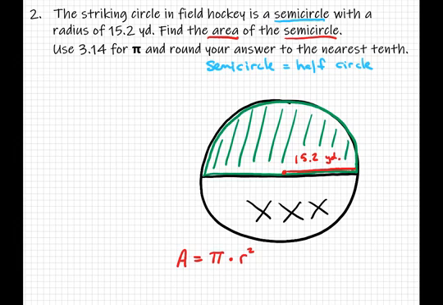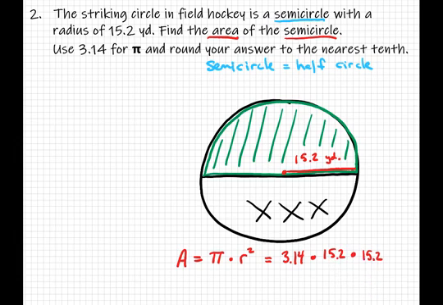So in this case, the area is, well, we'll use 3.14 for pi times the radius, 15.2, as the radius is squared, so 15.2 times another 15.2. That'll give us the area of the full circle.